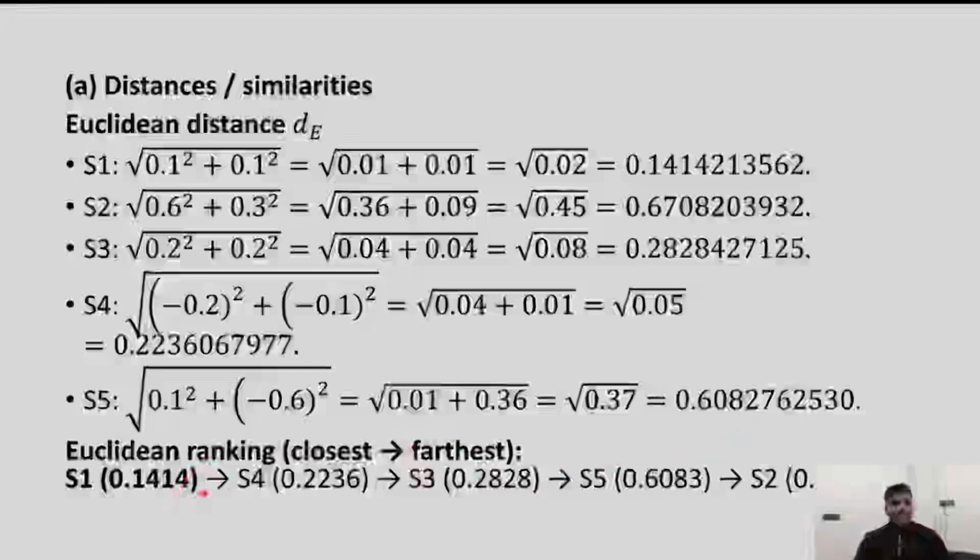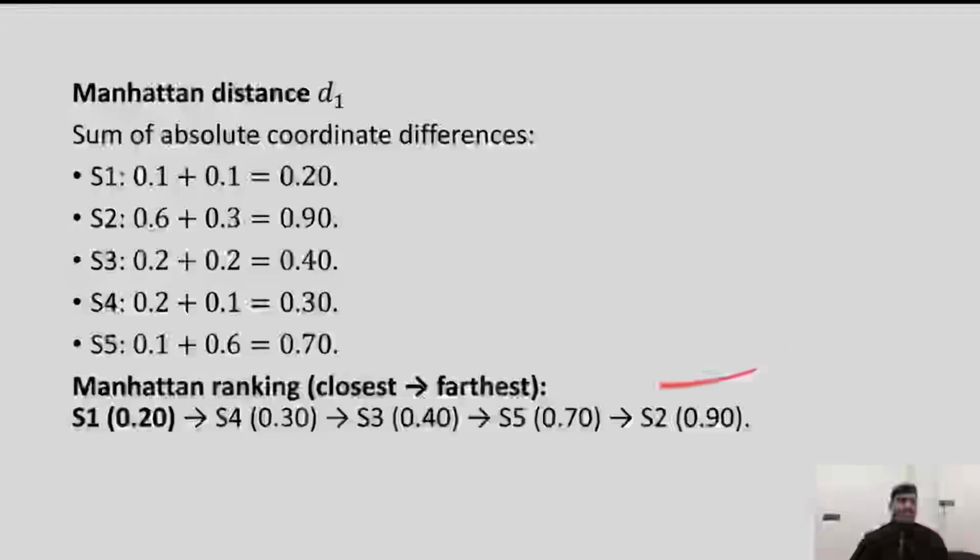Here is the Euclidean ranking, closest to farthest. First is S1, which is closer than S4, then S3, then S5, and the farthest is S2, whose value is 0.6708.